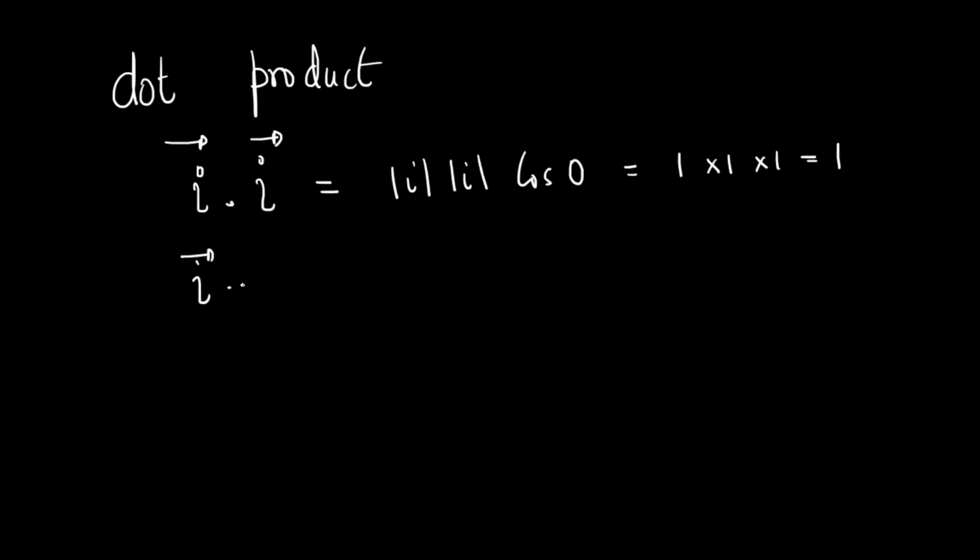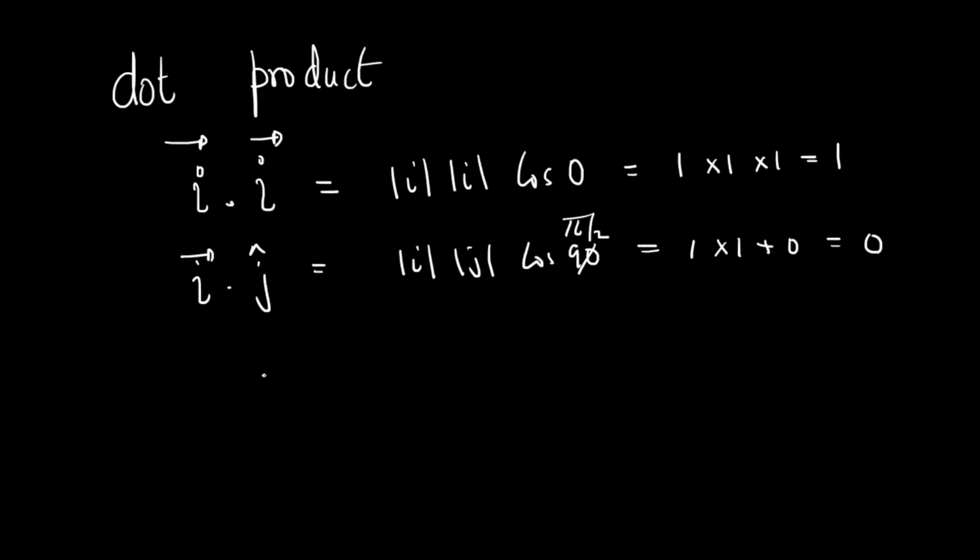Similarly, i dot j is going to be mod i dot mod j cos of 90, or pi by 2, and this is again 1 into 0 is equal to 0.